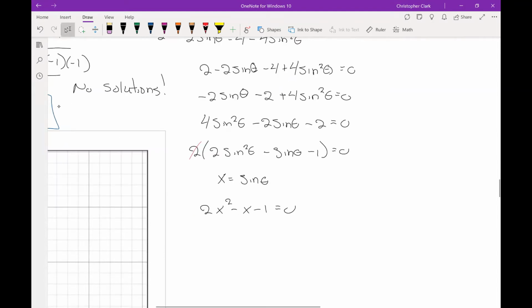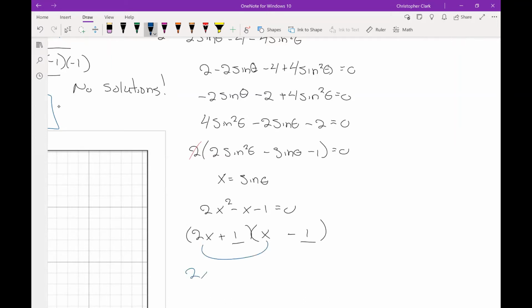Now I want to factor this. This factors by 2x and x. Now, this piece and this piece have to multiply to be -1, but add to be -1. So one has to be negative, one has to be positive. So if I do this, then let's see what happens.